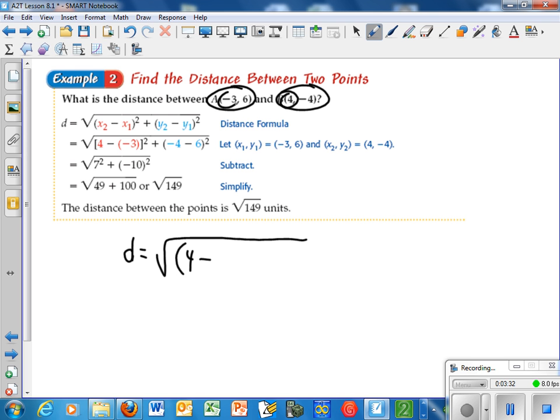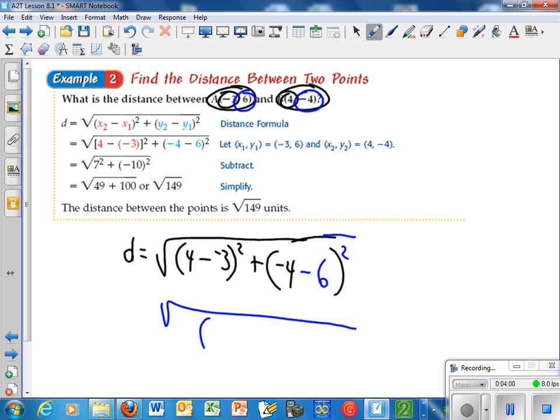We're going to subtract off the x coordinate from point A, which is a -3. We square it. And then inside the second set of parentheses, we take the second y value, which is -4. That would be this y value here. We subtract the y value here, which is 6, and then we square it.